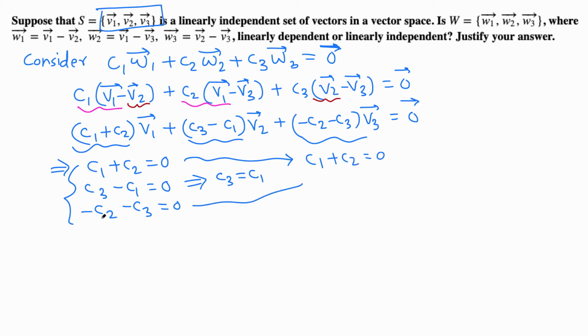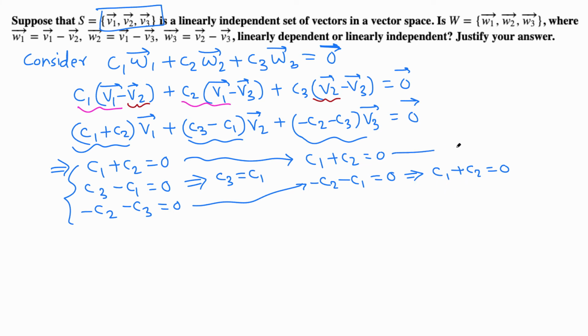From the third, c3 is c1, so that's negative c2 minus c1 equals 0. We can factor the negative out, which leaves c2 plus c1 equals 0, which is the same as c1 plus c2 equals 0.